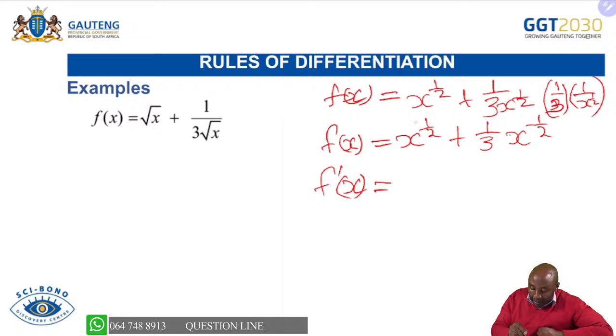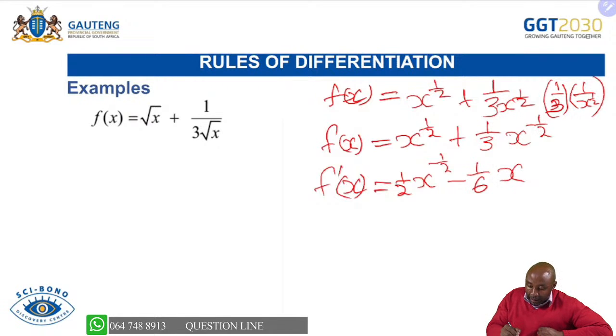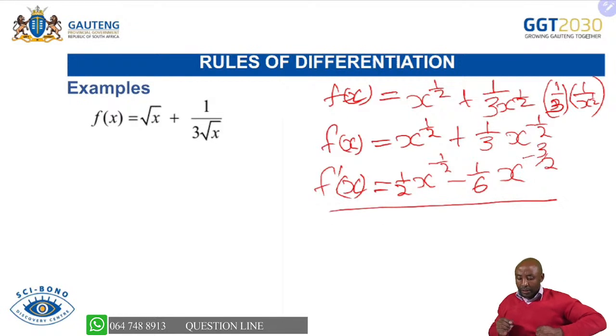My exponent is half there, so half times 1 will give me x to the power negative half. Negative half times 1 over 3 will give us negative 1 over 6 x to the power negative half minus 1, which gives us negative 3 over 2, and that becomes my solution.